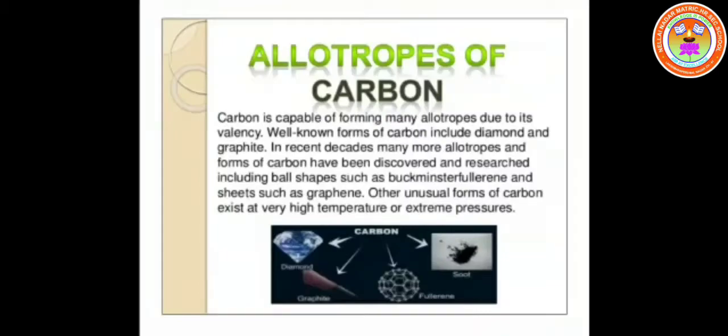The next one is allotropes of the element carbon. How do we get varieties of carbon? Have you seen carbon anywhere? Where is it useful? Charcoal. We are familiar with one of the allotropes of carbon, which is charcoal.